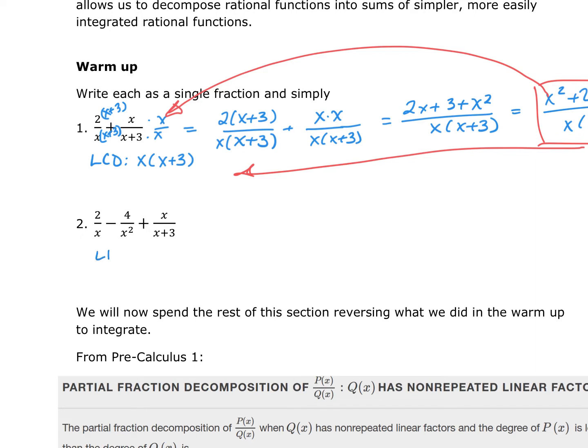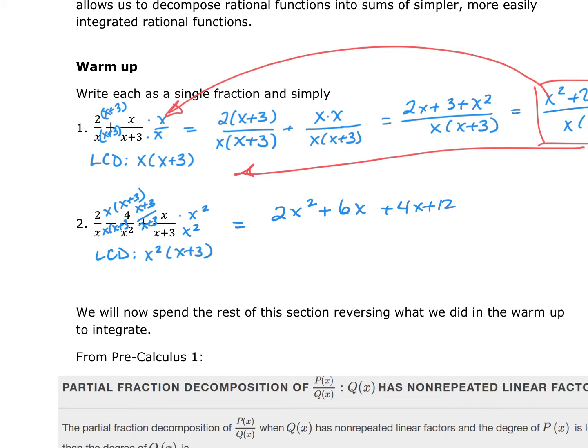Now the lowest common denominator here is going to be x squared and then x plus 3. This last fraction is missing the x squared. This middle fraction is missing the x plus 3. And this last fraction is missing the x and an x plus 3. So I'm going to end up with 2x squared plus 6x, and then minus 4x minus 12.